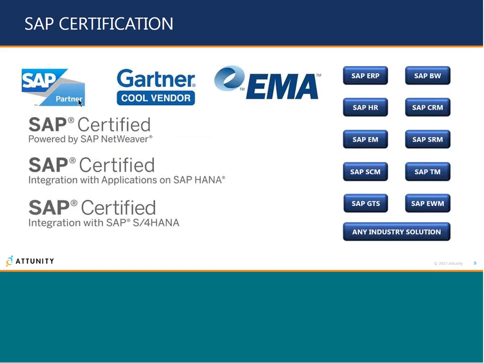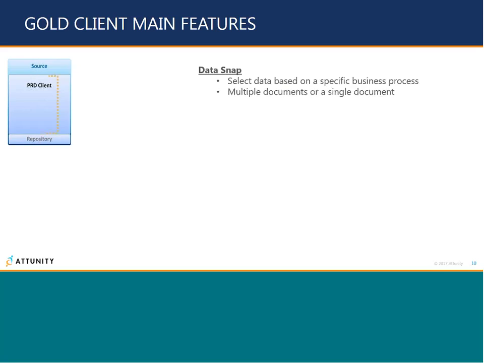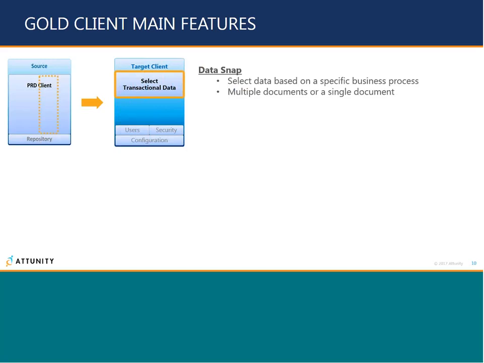So what are the main features of Gold Client? Well, we have the ability to copy any data from your production system using two main methods. The first one is Data Snap, which is business process driven.